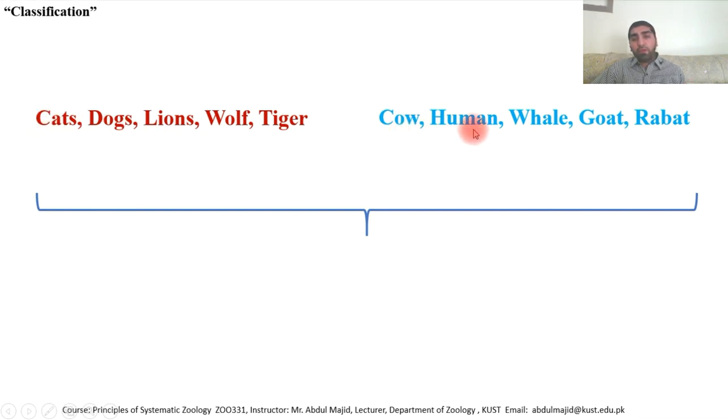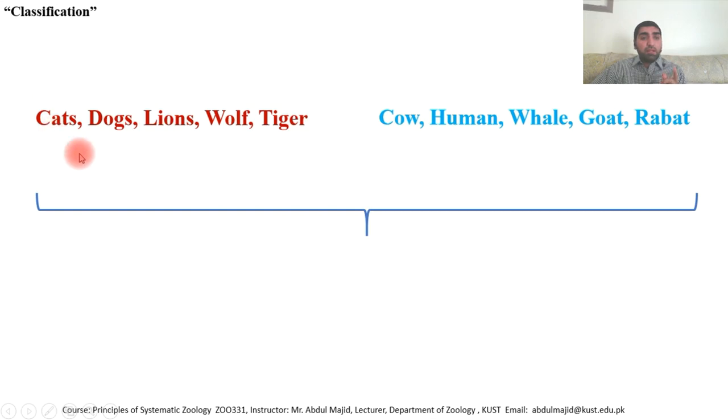Then cow, human, whale, goat, and rabbit. Now some of them are herbivores. They are not carnivores, and some are omnivores. The rabbit is a herbivore, the goat is a herbivore, the whale is a herbivore, the cow is a herbivore, the human is an omnivore. They are very different from these ones.